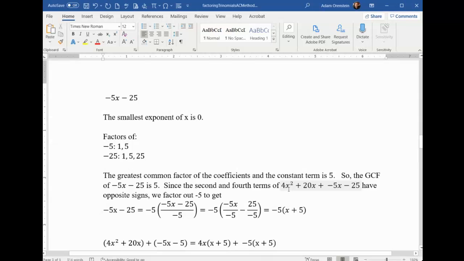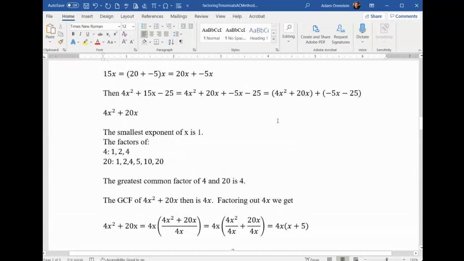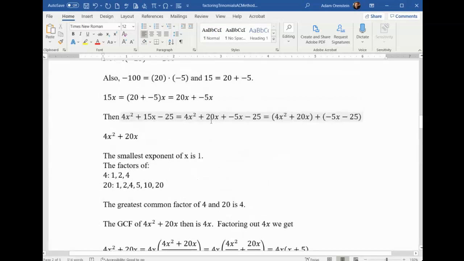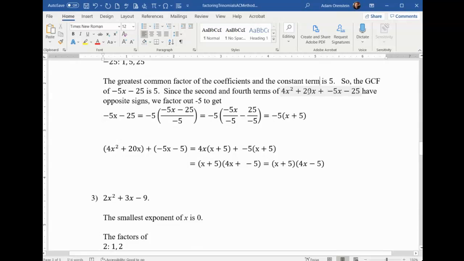Now, in the four-term polynomial, if we scroll back up, we can see that the second and fourth terms have opposite signs. I also wrote it here as well. So we must factor out a negative.